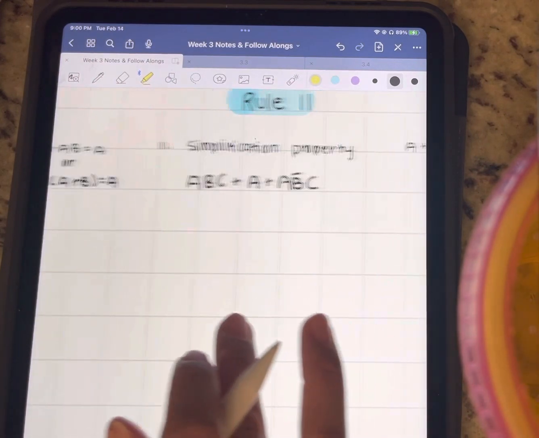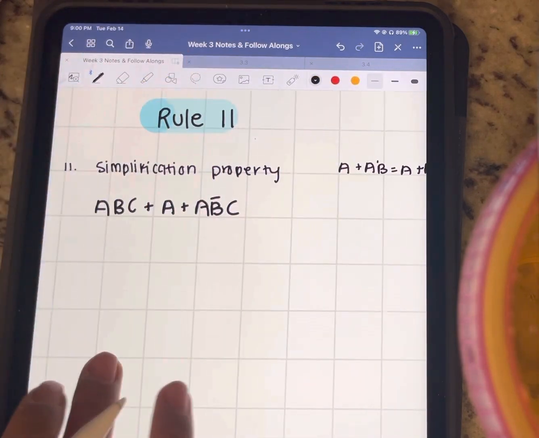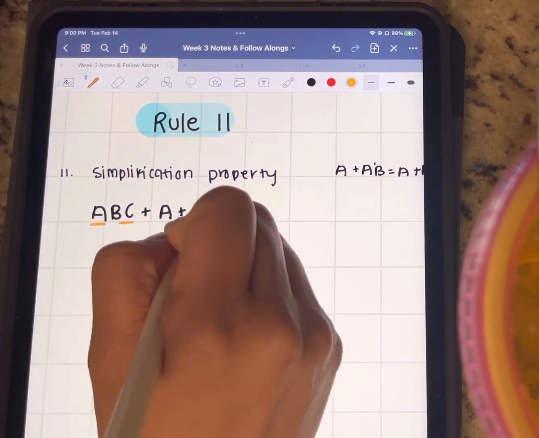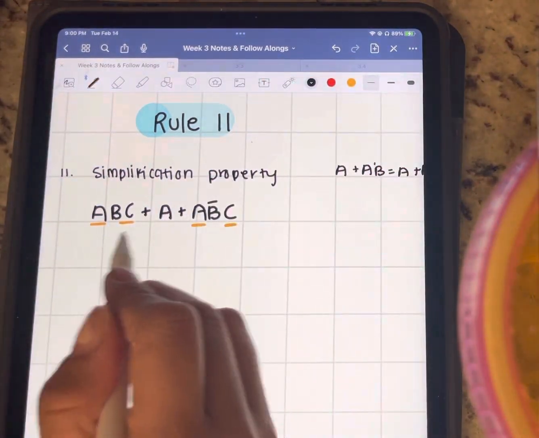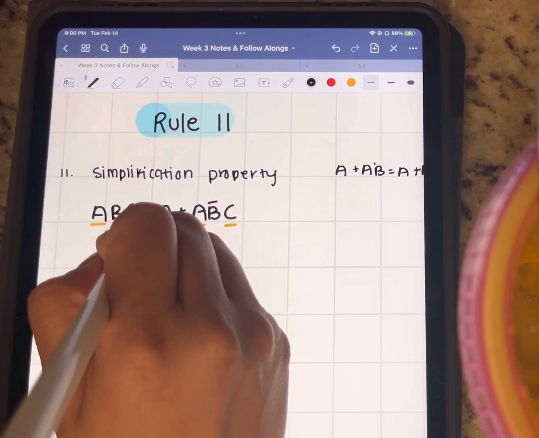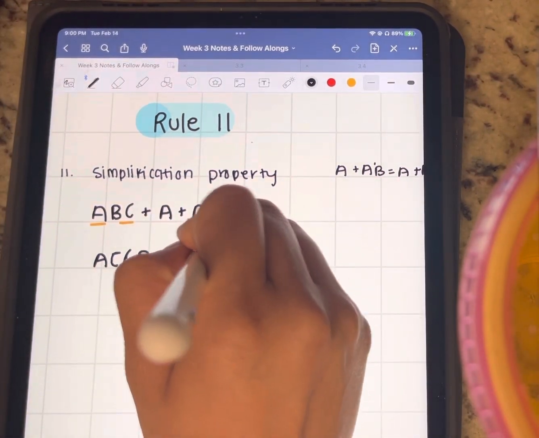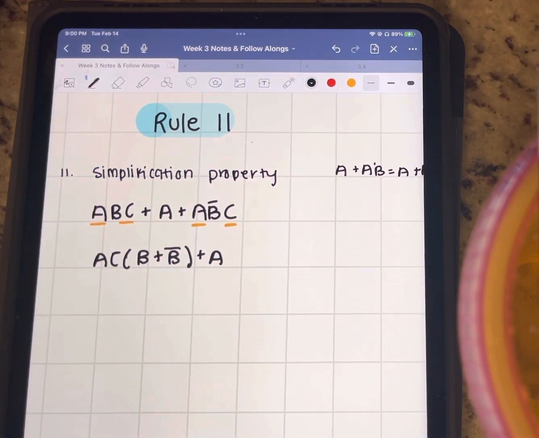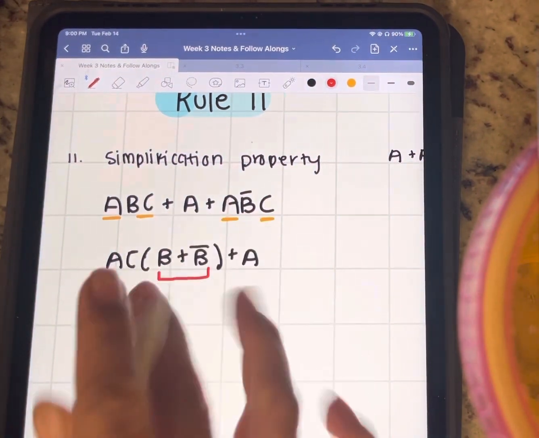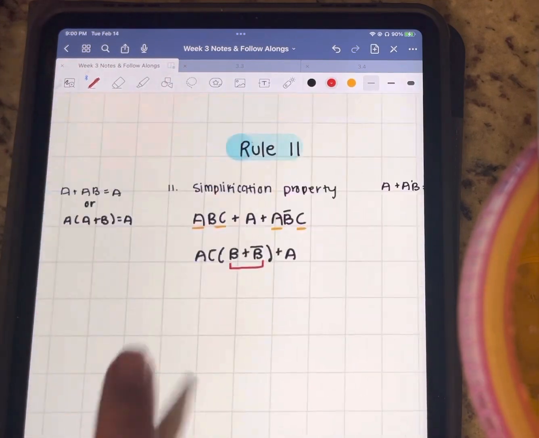Moving on to the simplification property. First, we can recognize that A and C are present in both of these quantities, so I'm just going to factor out an A and C. That leaves me with B or B prime plus A. And then using the same rule that we've used, B plus B prime, let me just double check, is going to be 1.